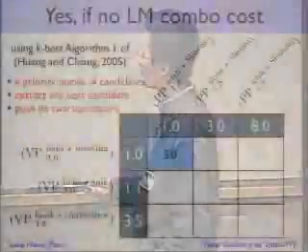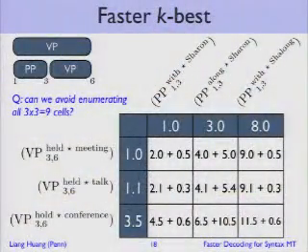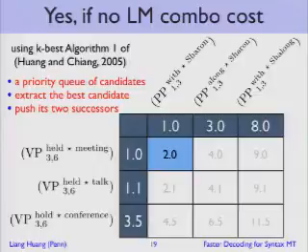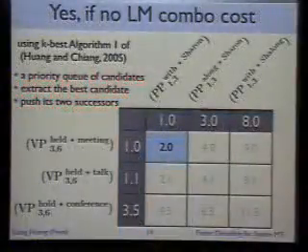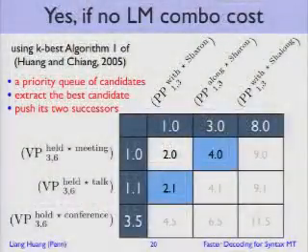Well, if there's no language model cost, there's no such plus something, then yes, because if you keep the columns and the rows sorted, then you know that this grid is monotonic. And the best one, the smallest number in this grid, must be the top left corner. And then the second best must be either this or this, right?